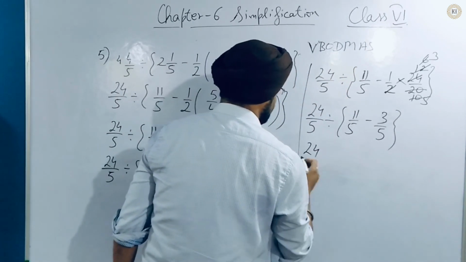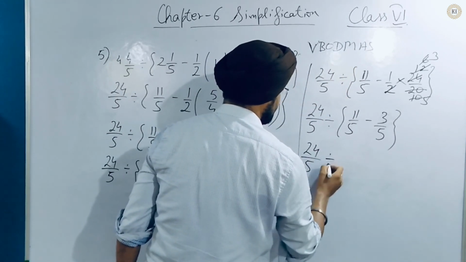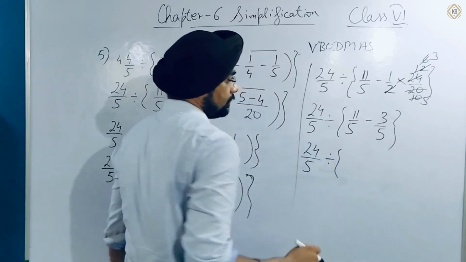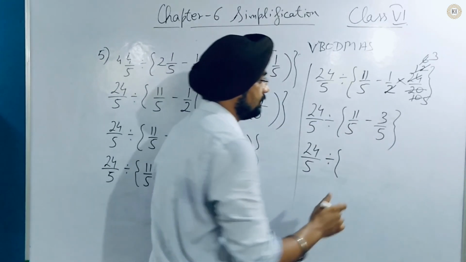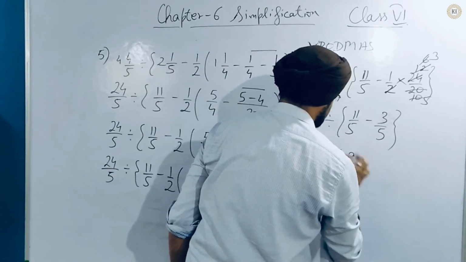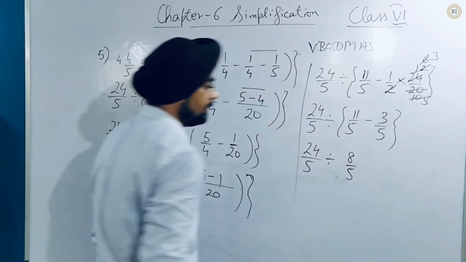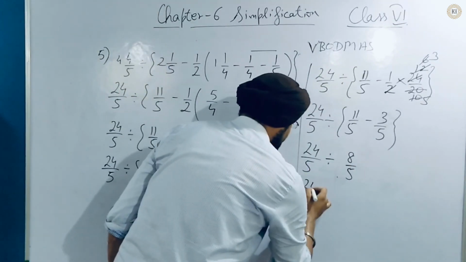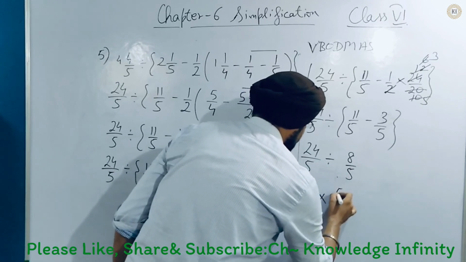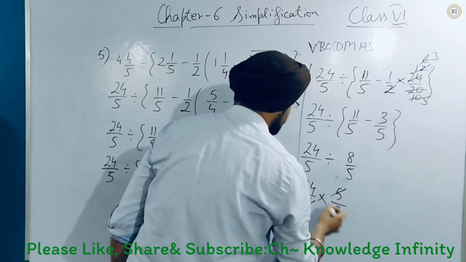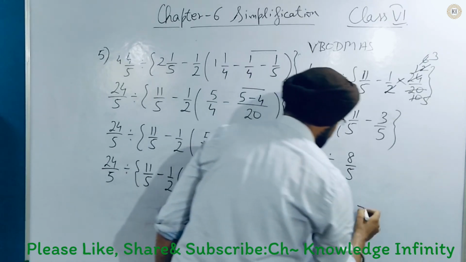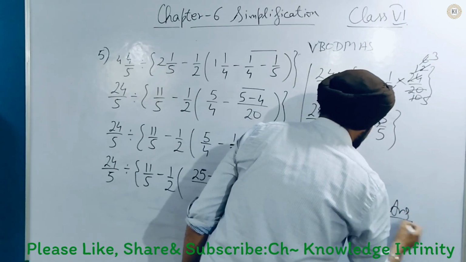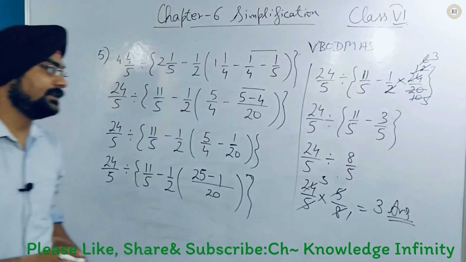So 24 upon 5 divide, both are like terms, 11 minus 3 will be 8 by 5. When we solve, the bracket will be removed. Now simply divide: 24 upon 5 multiply 5 by 8. 5 5 cancel, 8 1s are 8 and 8 3s are 24. So we will get the result as 3.